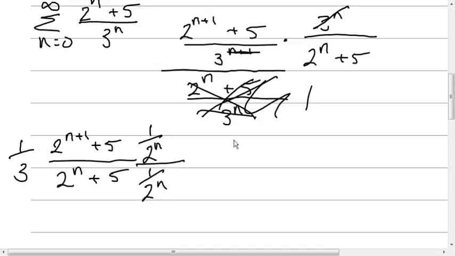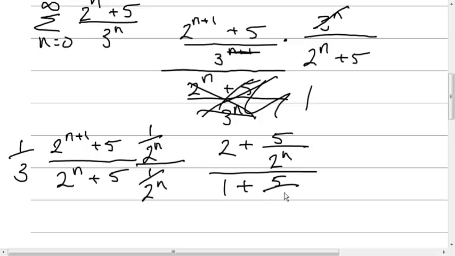Then all these cancel, and that leaves us 2 left, plus 5 divided by 2^n. So far so good. This just becomes 1 plus 5 divided by 2^n.